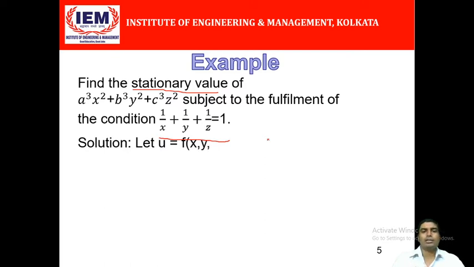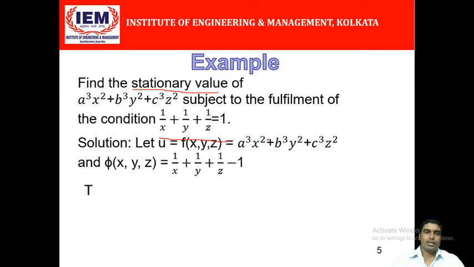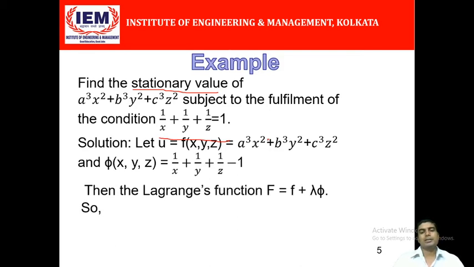consisting of u, the function of x, y, z, and their relation, that is 1 by x plus 1 by y plus 1 by z equals 1. Then I can form the Lagrange function, capital F equal to small f, this one. Now I'll plug in all these values. I know f, and I know phi, that is this term.